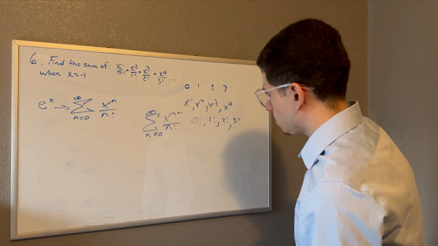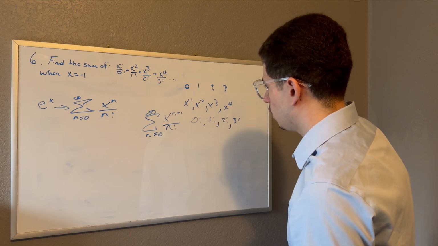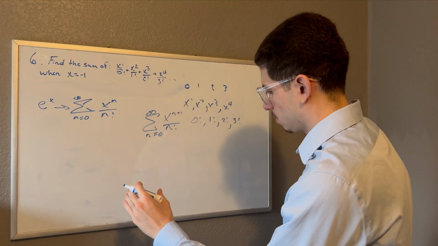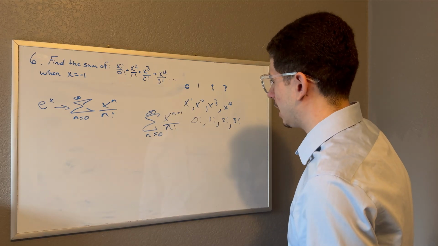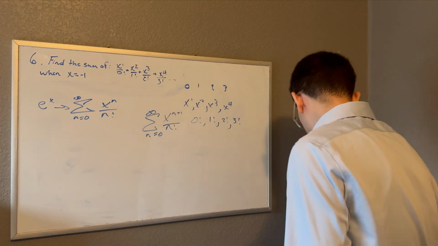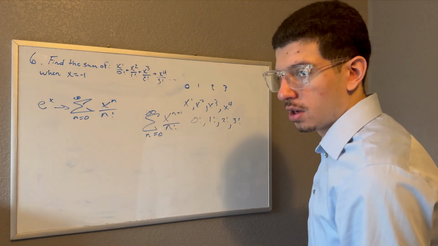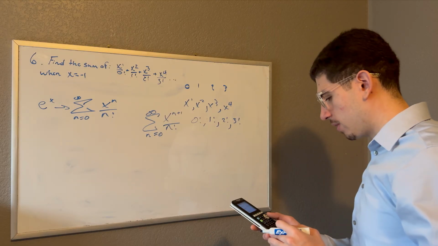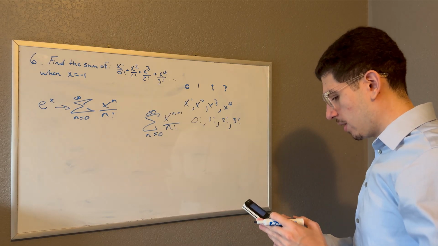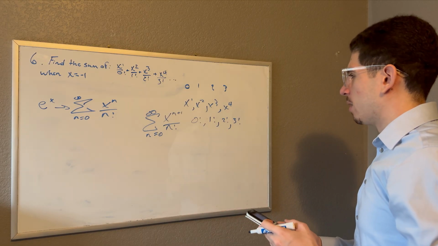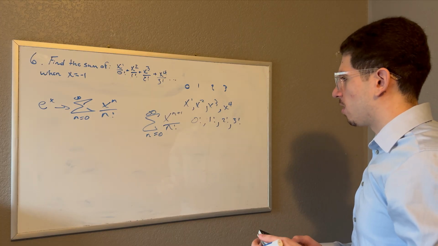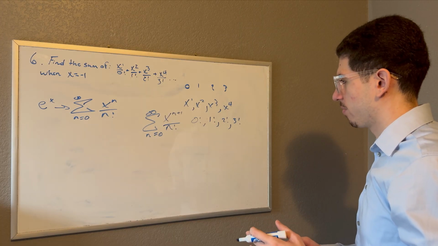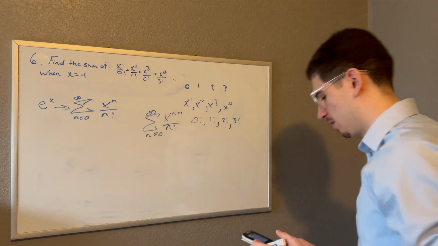Okay. Now there's a problem here, which is that a lot of students would just put it into their calculators and try to find the answer. You could do that, but if you get it wrong, it's not good.